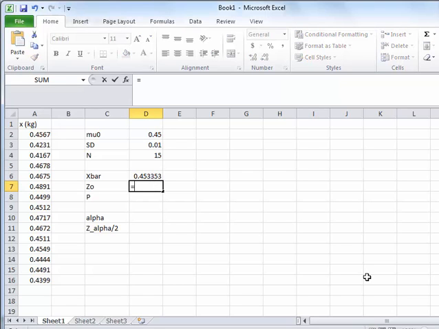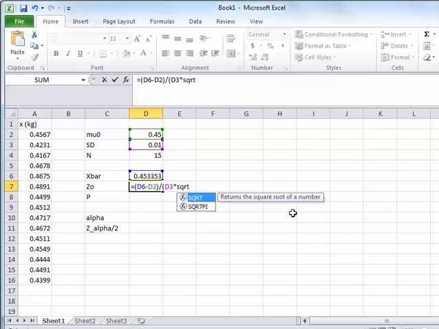So Z0 is equal to x bar, so that's this, minus mu naught, which we've defined here based off of our null hypothesis, divided by the standard deviation, which is 0.01, divided by the square root of our sample size, n.